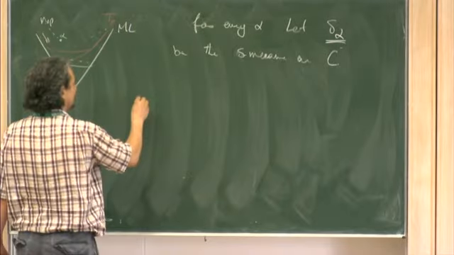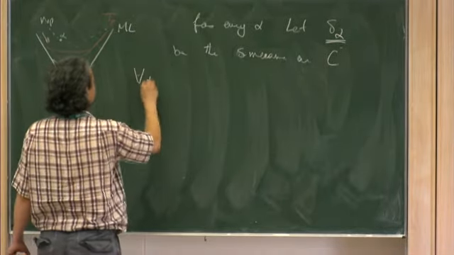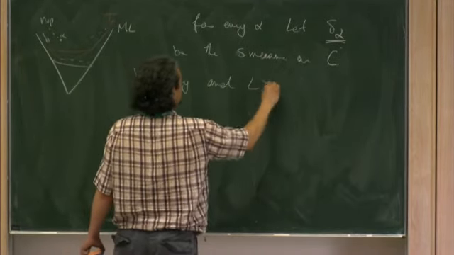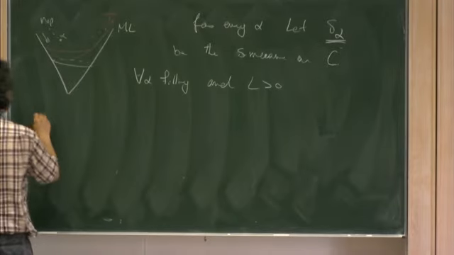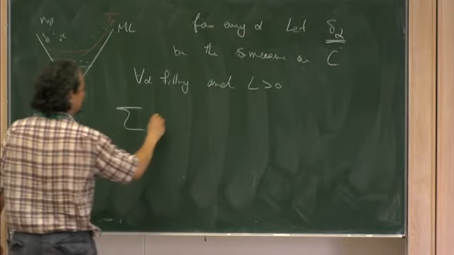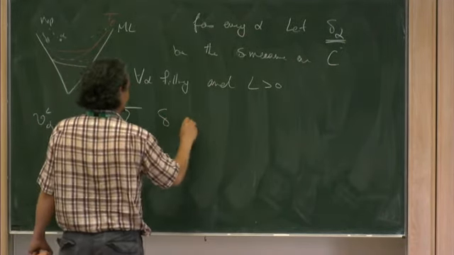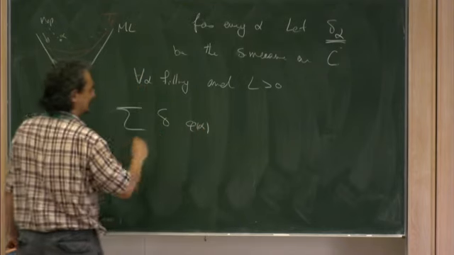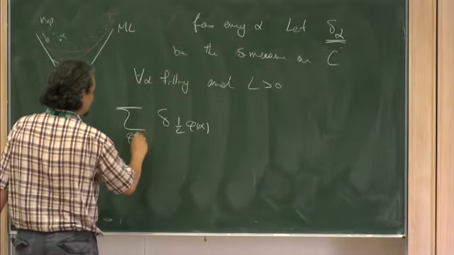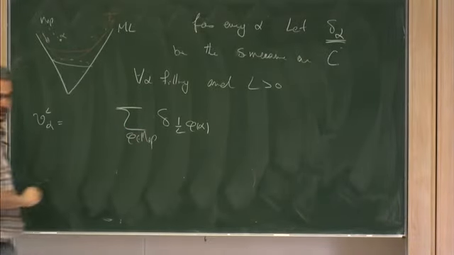And then for alpha filling and L positive, I define this nu of alpha L to be the following sum. I look at the delta measure at phi of alpha, but I want to scale it by factor L, and then sum this up over the whole mapping class group.